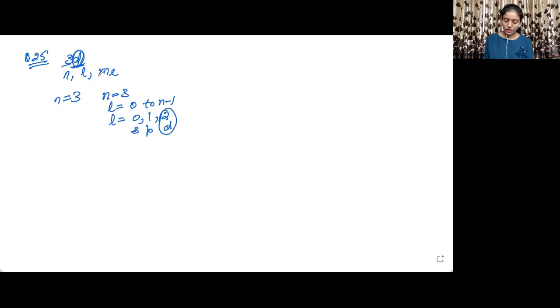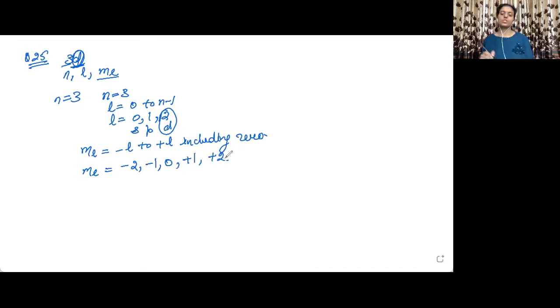And for that we will write the values for ml, which are minus l to plus l, including 0. So ml will be equal to minus 2, minus 1, 0, plus 1, plus 2. Hope this much is clear to you.